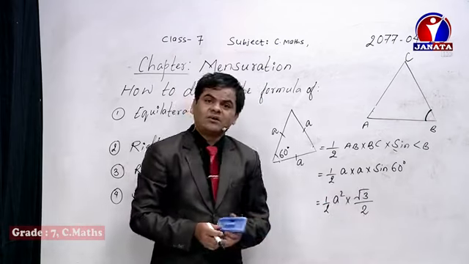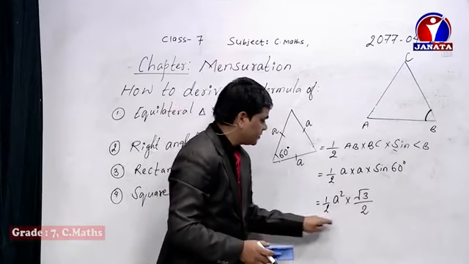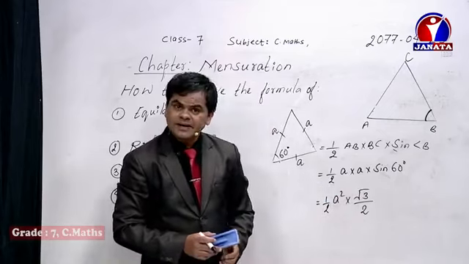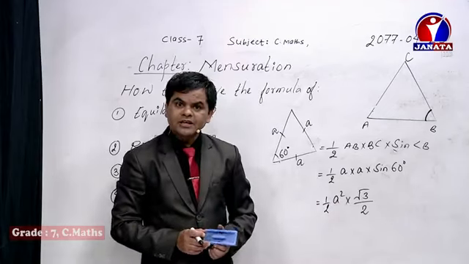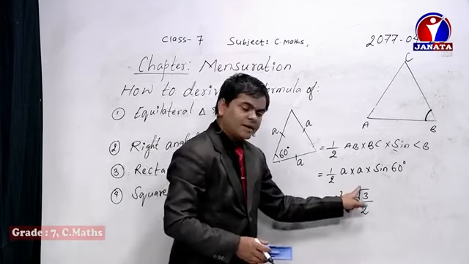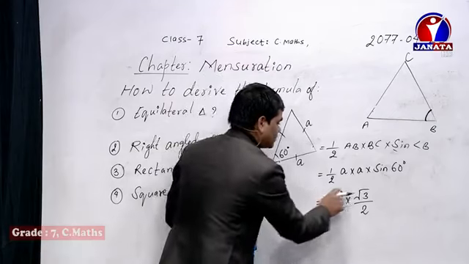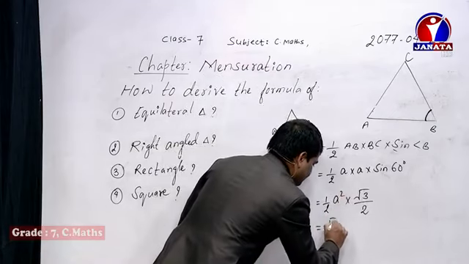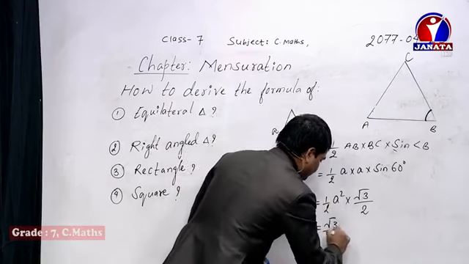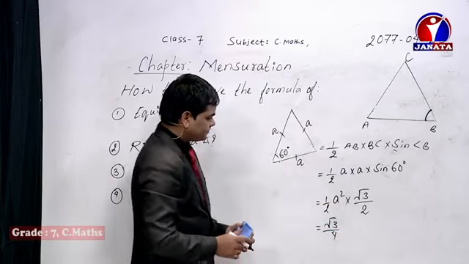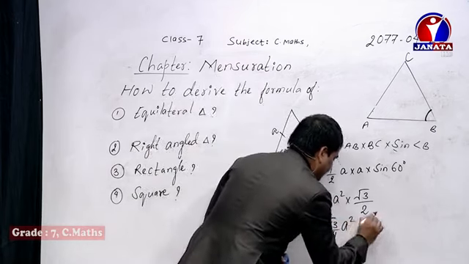In English, the upside number is known as the numerator and the downward number is known as the denominator in a fraction. So 1 into root under 3 is root under 3, and 2 twos are 4 down below. The variable term is there as A square, so A square.